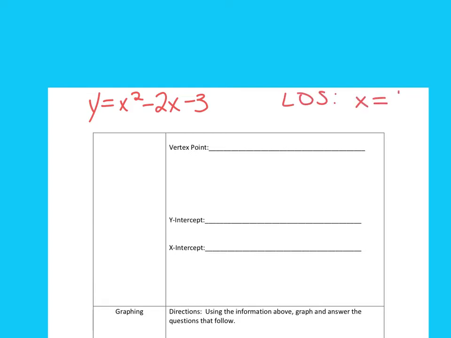X equals 1. Okay? So now we've got to find the vertex. Well, like I said, if I know that the line of symmetry through my U is going to be at x equals 1, so that vertical line of x equals 1, what is the x value of my vertex always going to be?